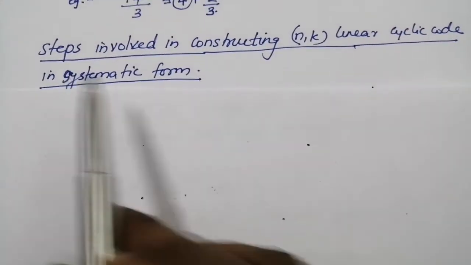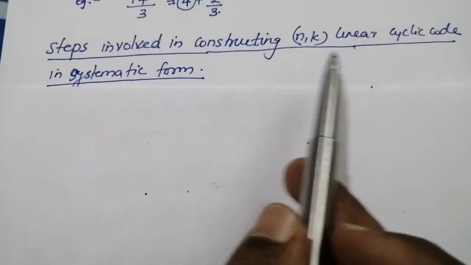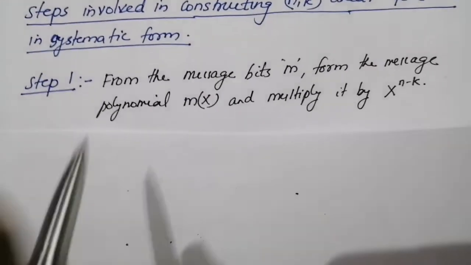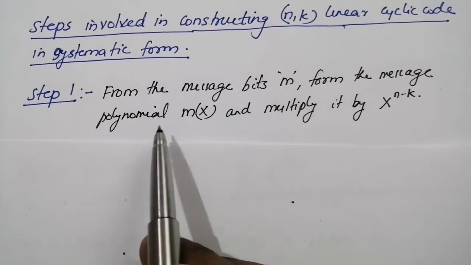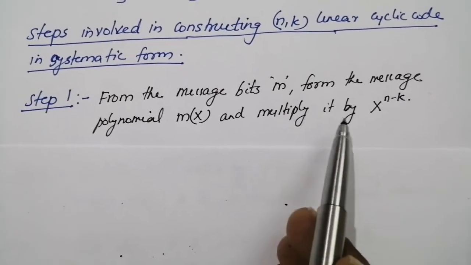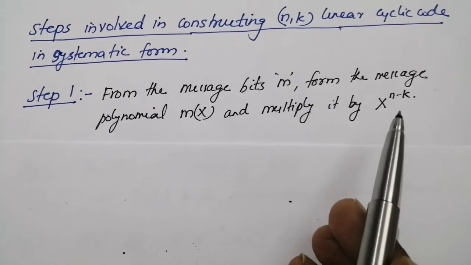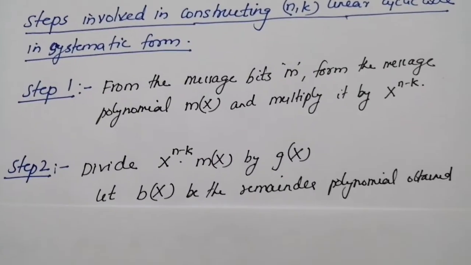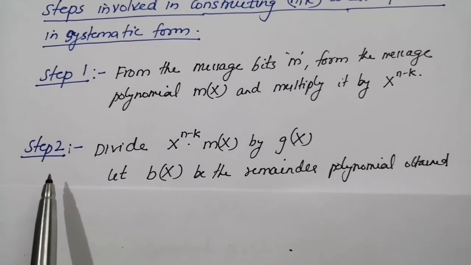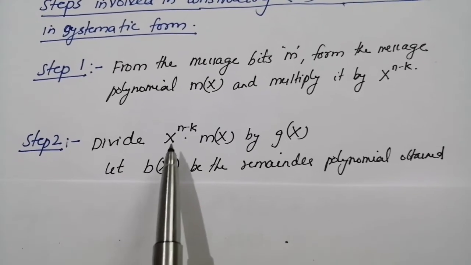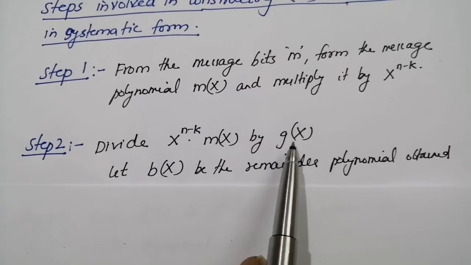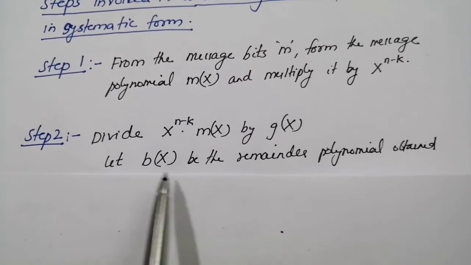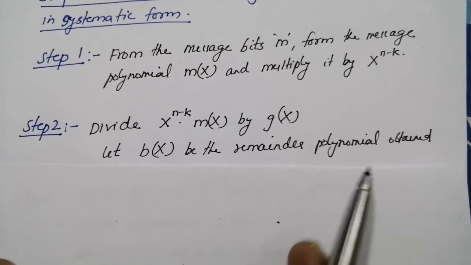Now coming to the steps involved in constructing an (n, k) linear cyclic code in systematic form. Step number 1: from the message bits m, form the message polynomial m of x and multiply it by x raised to n minus k. Step number 2: divide x raised to n minus k into m of x by the generator polynomial g of x. Let b of x be the remainder polynomial obtained.